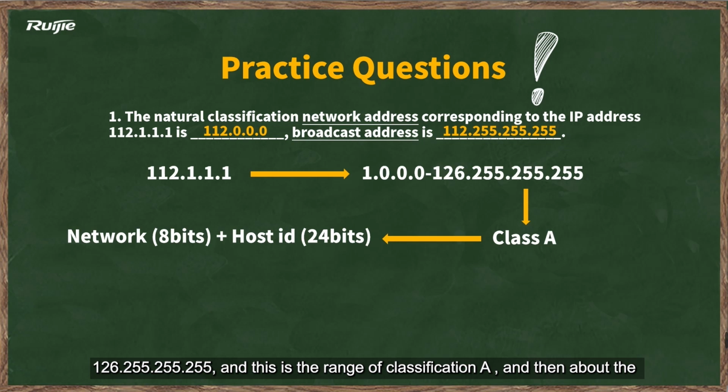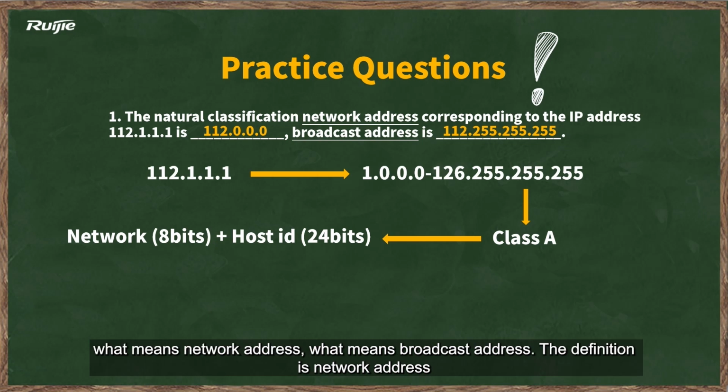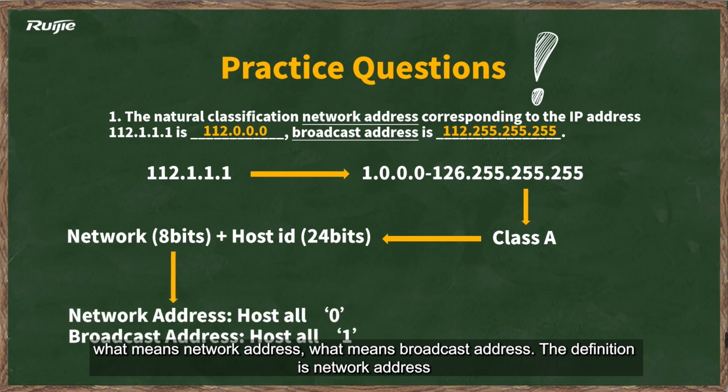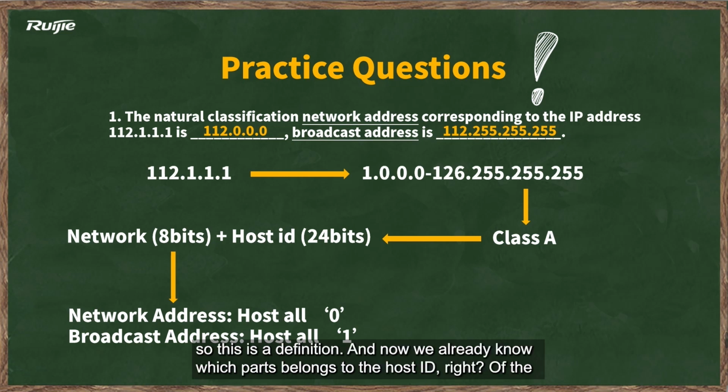And then about the classification A, the network part is 8 bits and the host ID is 24 bits. And then we have to review what network address means, what broadcast address means. The definition is: network address makes all the host part become 0, and the broadcast address makes the host part become all 1. So this is the definition.